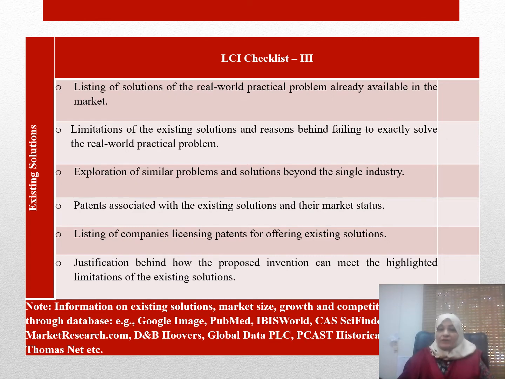Moving on to item number 4 of checklist 3, it asks you to connect these solutions with the patents that you have already explored in your previous component. So, patents which are associated with the existing solutions and their market status.